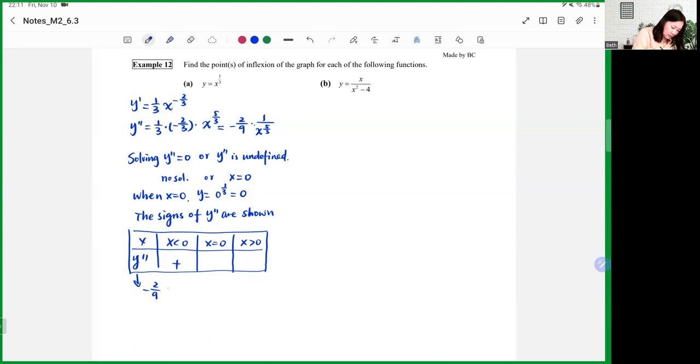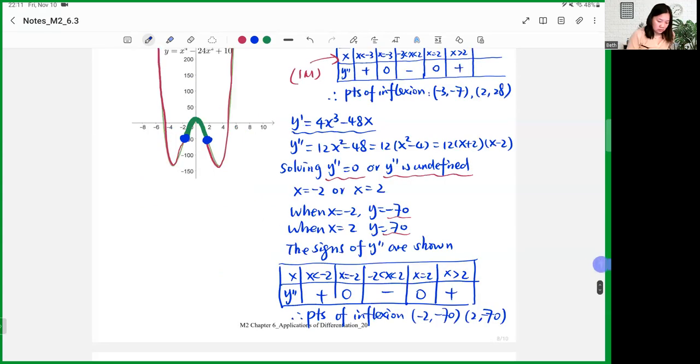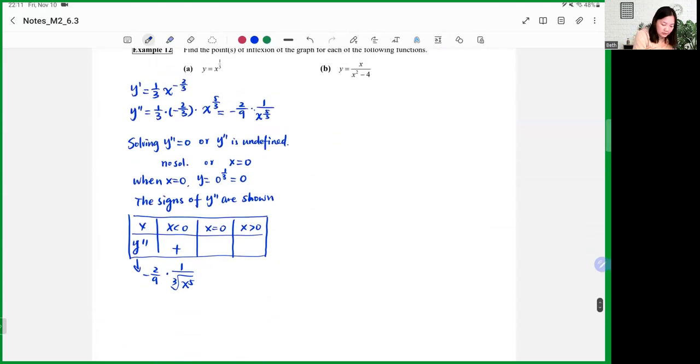It's one over negative index. So when x is negative, the third root is negative, and then multiplying by a negative value, that's a positive. And in the middle is undefined. However, on the right hand side, when x is positive, it's negative.